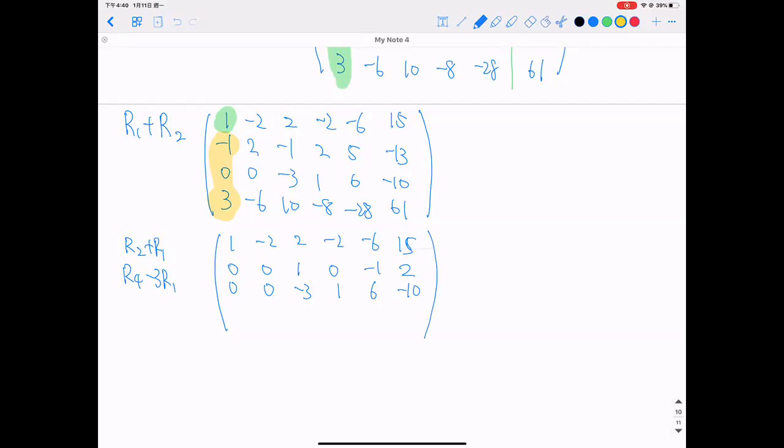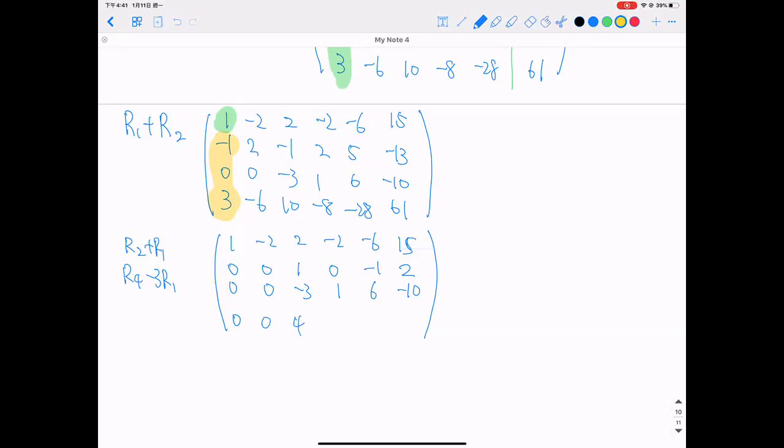Now, for the R4, 3 minus 3 is 0. Minus 6 minus 3 copies of minus 2, that's minus 6 also, so that's 0. 3 copies of 2, that's 6. 10 minus 6, that's a 4. 3 copies of minus 2, that's minus 6.